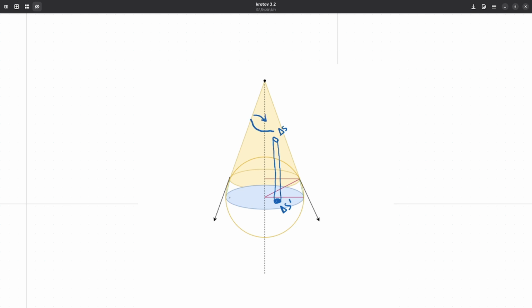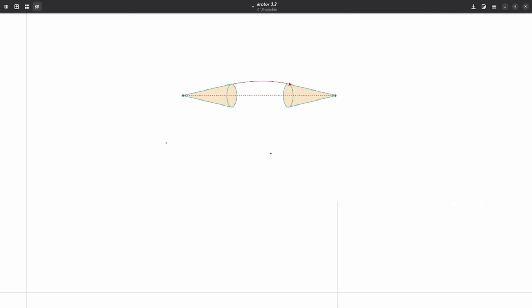What we find is that delta S prime has covered the base of the lower hemisphere, which proves that the surface area of the conical structure with the extension is the area of the base of the lower hemisphere of radius mu, which we have already found. We found mu squared to be twice r squared times 1 minus cos alpha.